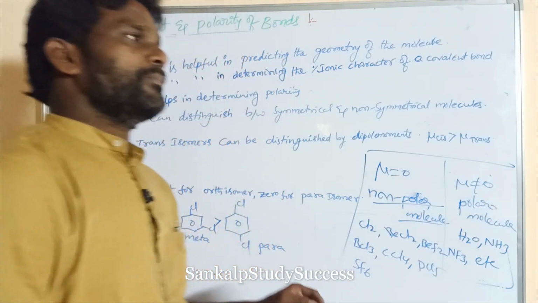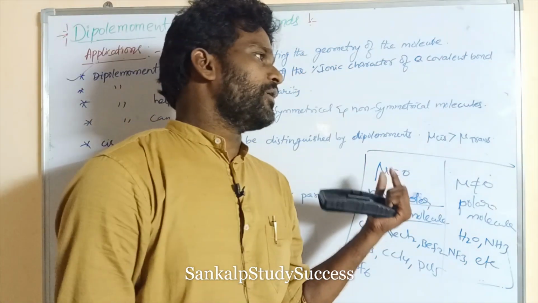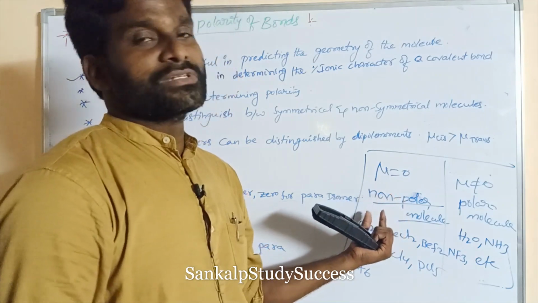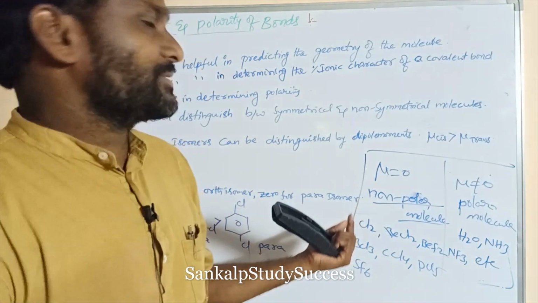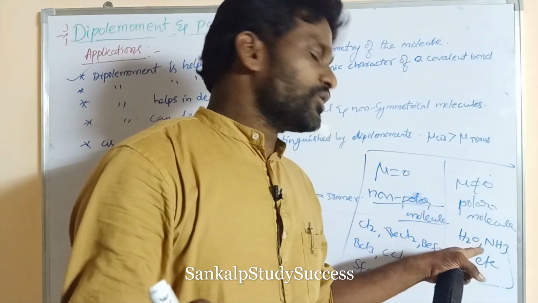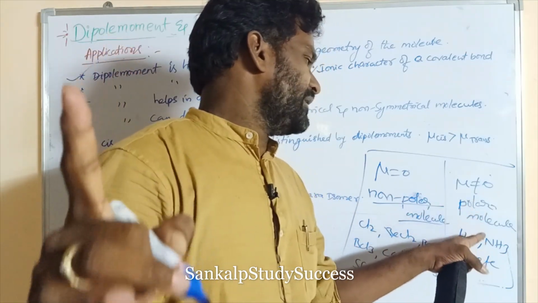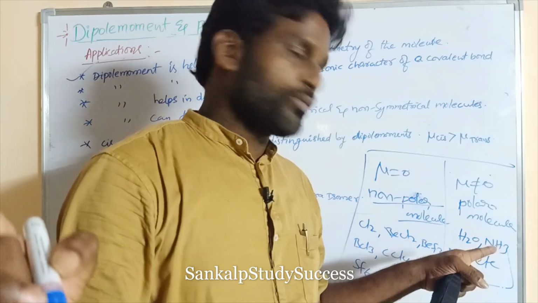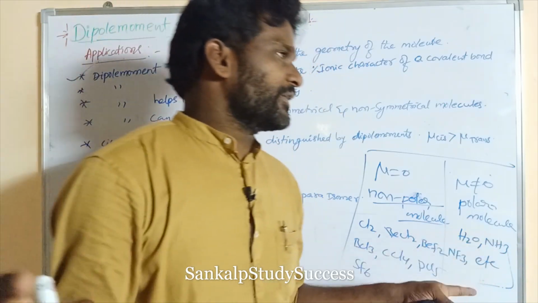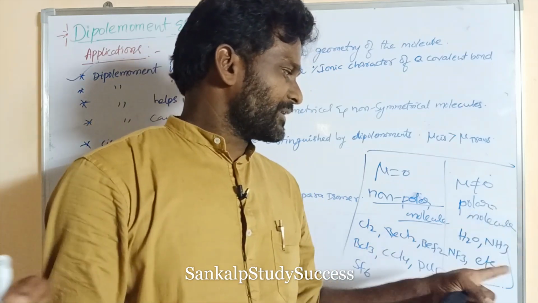So if the dipole moment of a molecule is equal to 0, then the molecules are said to be non-polar molecules. If the dipole moment of a molecule is not equal to 0, then the molecule is said to be a polar molecule. What are the examples of polar molecules? Irregular shape polar molecules, like it is containing lone pair, right?